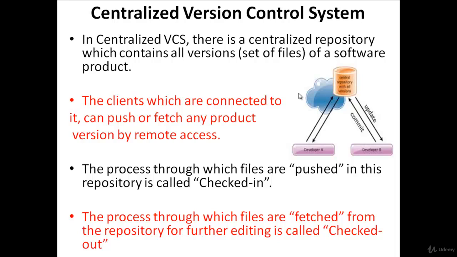It could be SVN, it could be VSS. There are many centralized version control systems available in the market, right? And the process of fetching the code from the centralized repository is called checkout, right? So these are the two most important terms used while working on a centralized version control system: either you can check in your code or you can check out the code from the centralized repository, right?